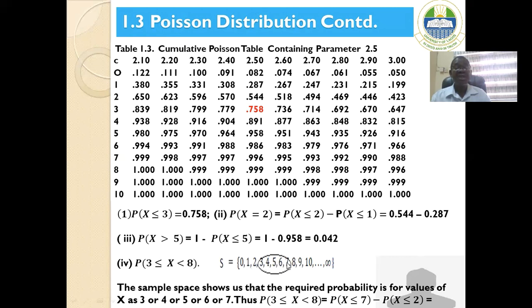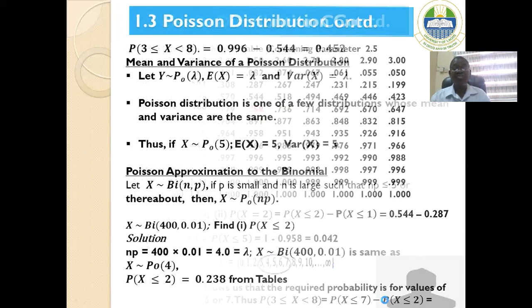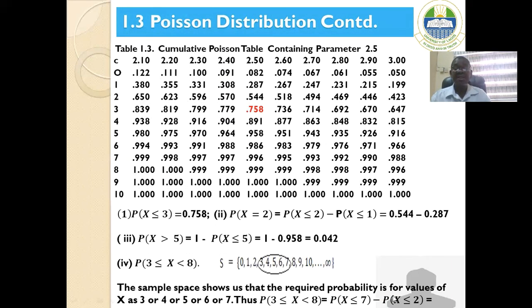The probability for x less or equal to 7 gives everything from 7 to 0. The probability for x less or equal to 2 gives you 2 to 0. So if you subtract the probability for x less or equal to 2 from the probability that x is less or equal to 7, then you get the required probability for this region. See where we solved it: the probability that x is less or equal to 7 minus the probability that x is less or equal to 2 will give you the answer.